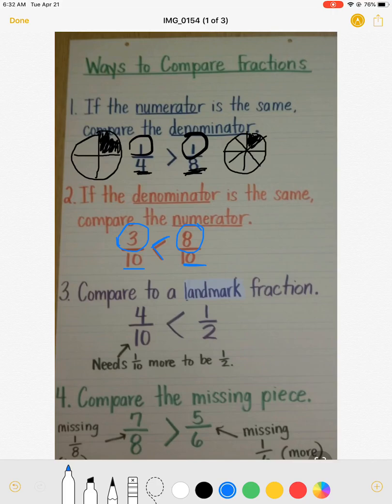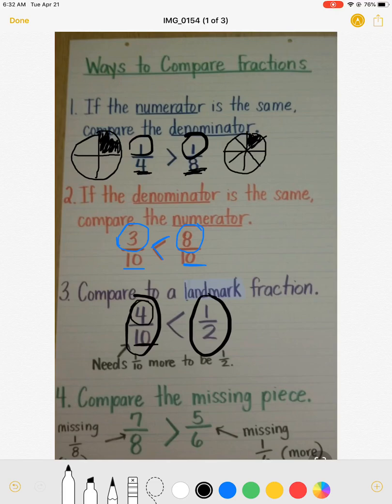Number 3, compare to a landmark fraction. So we have the fractions 4/10 and 1/2. So this is seeing kind of how your numerator relates to your denominator. So this is divided into 10 parts and we have 4/10.